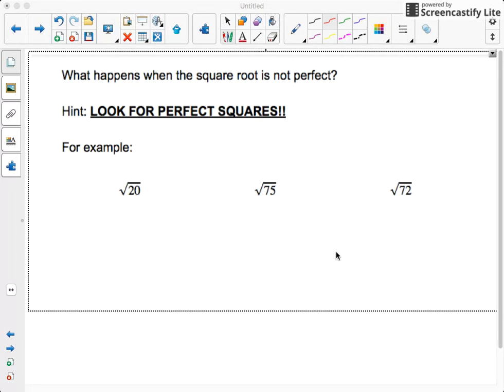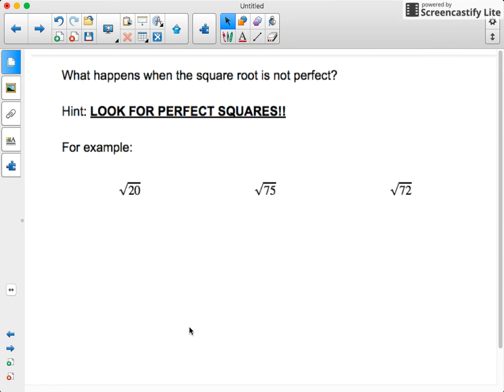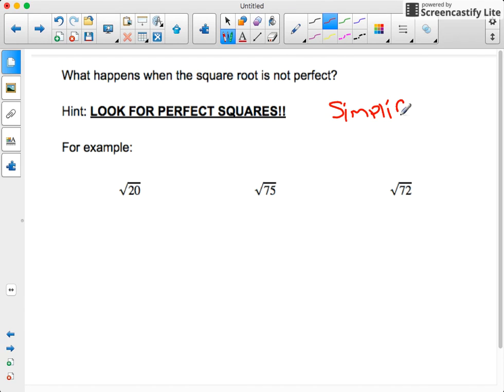Now that we have perfect squares, what happens if they're not perfect squares? We're going to break them down. It's called simplifying. You'll see the directions in most of our sheets or questions say simplify. So we're going to take the square root of 20 and break it down as much as we can. The biggest hint is that we look for perfect squares.